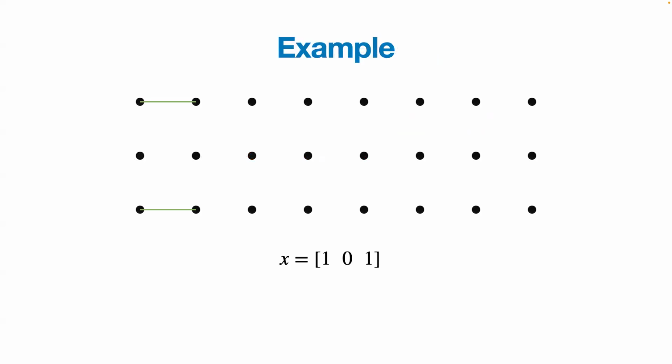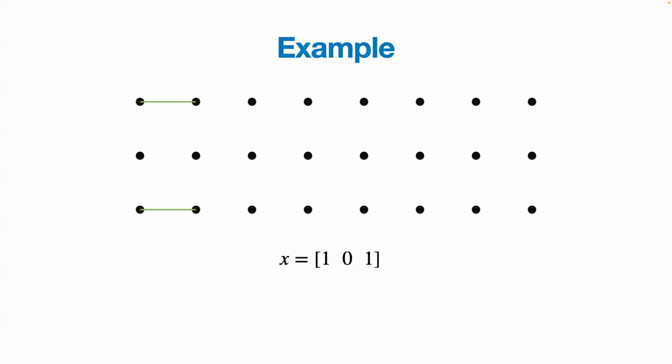So let's explain it more in the example on the way. Let's think of the same example. We have a private vector x equal to 1, 0, 1. So we have one potential path for each one of the entries.